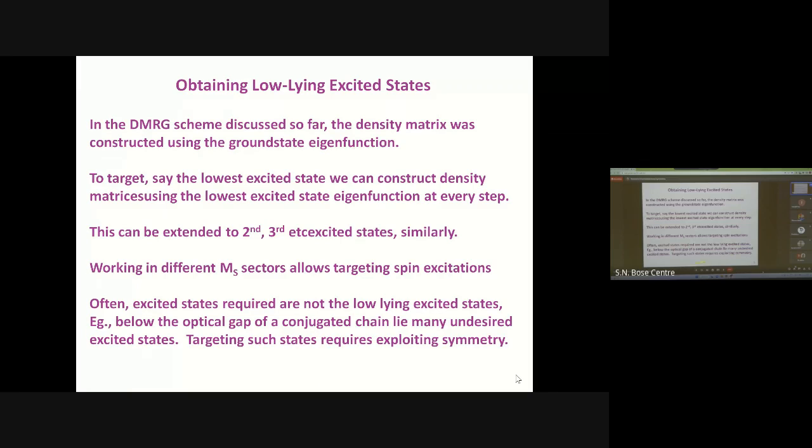But what happens is many times we are interested, particularly in things like conjugated polymers, in optical gaps. Optical gaps require the charge to be moved from one site to the other, because otherwise it cannot couple to the electric dipole of the light. If charge has to be moved, you are going to have a correlation built in.